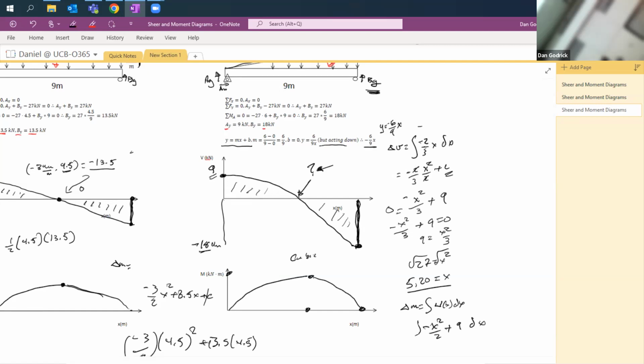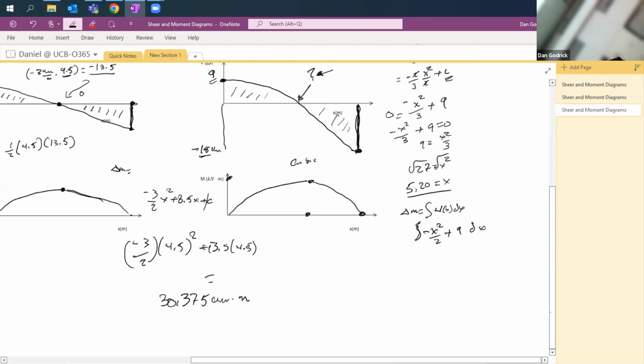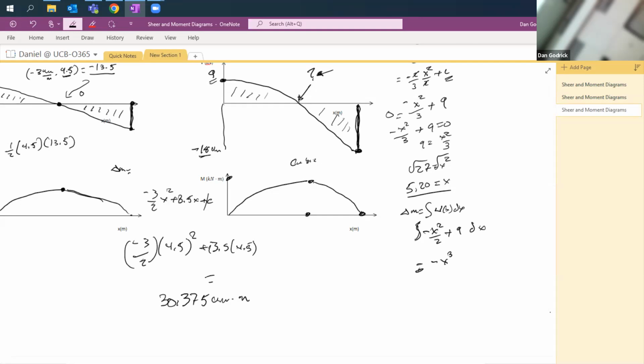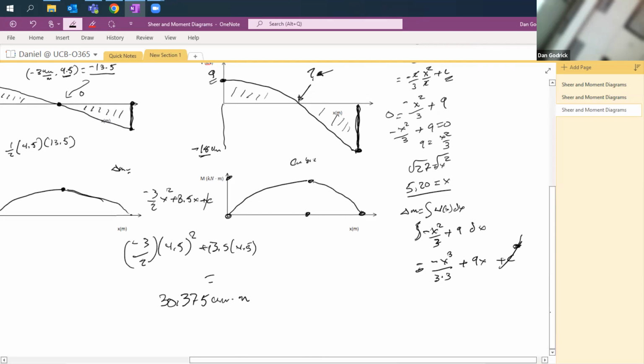Take the integral of that, and we get minus x cubed over 3 times 3, plus 9x plus c. What are our initial conditions? Our initial conditions are 0. We don't have any applied moment, so that goes to 0. And so we have our equation for moment.